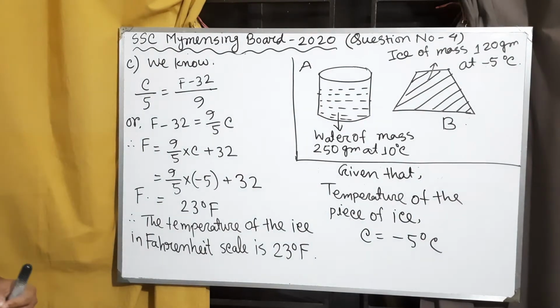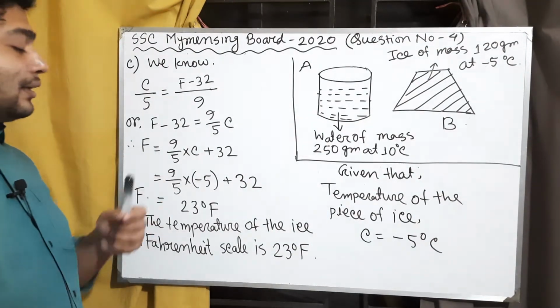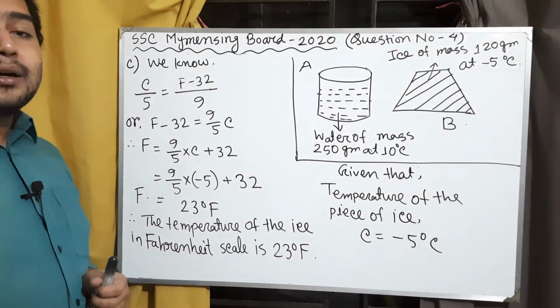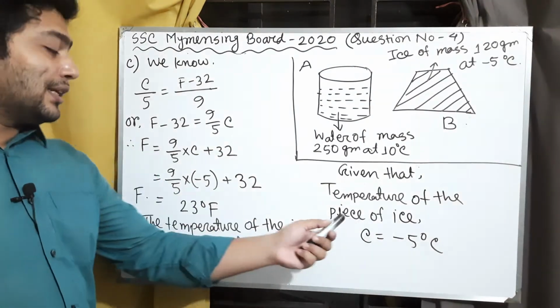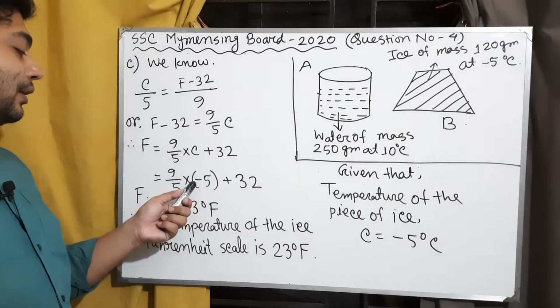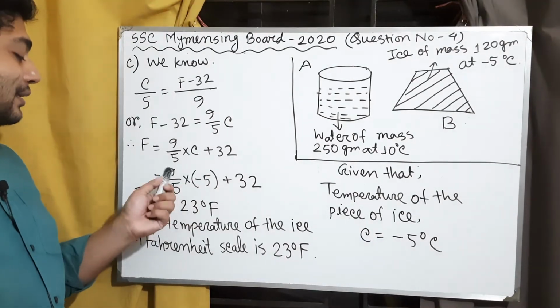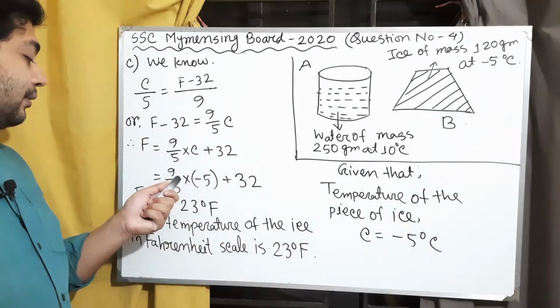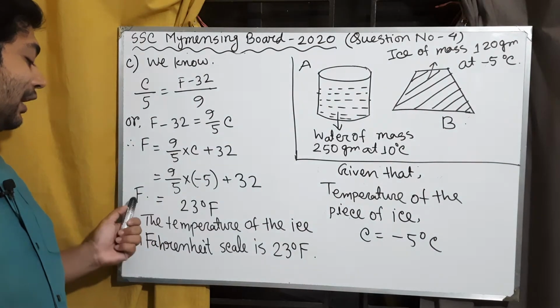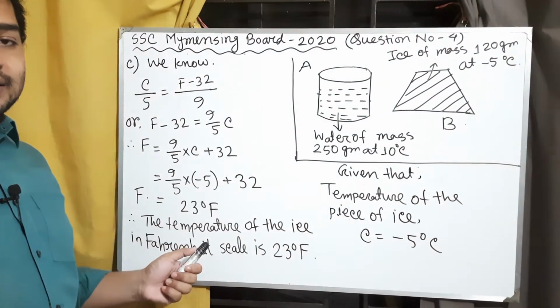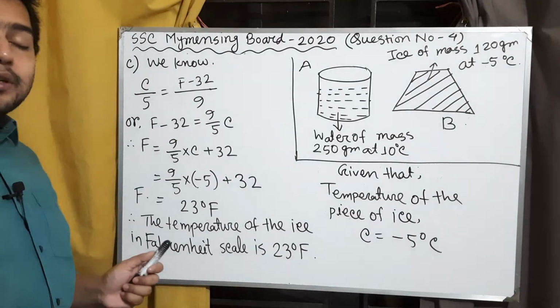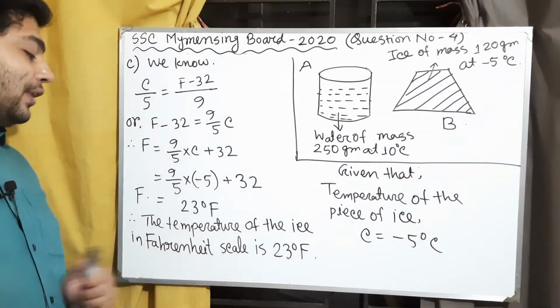parameter, we can write here, this is the reading of the Celsius scale, and that is minus 5 degrees Celsius. So putting the value of minus 5, we get F equal to 23 degrees Fahrenheit.